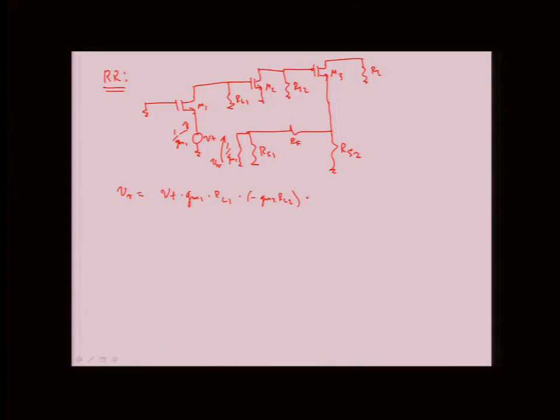And then we have a source follower, which is GM3 times something over 1 plus GM3 times that same thing. And what we have here is RS2 in parallel with RF plus RS1 in parallel with 1 over GM1. Right, that same thing is here.